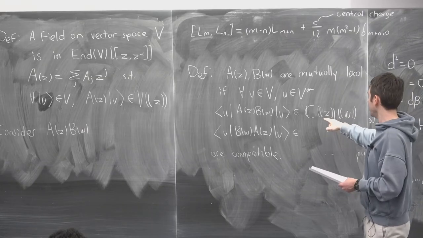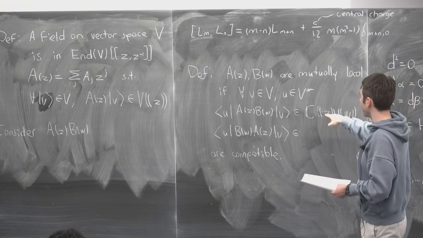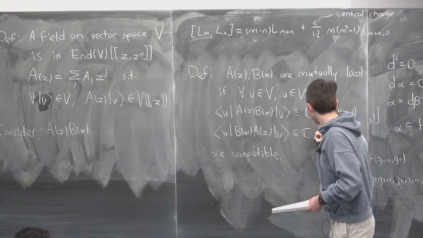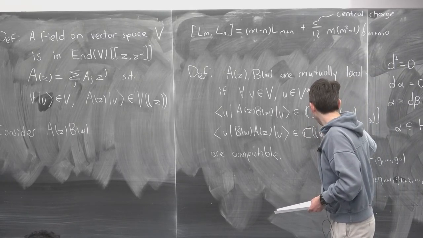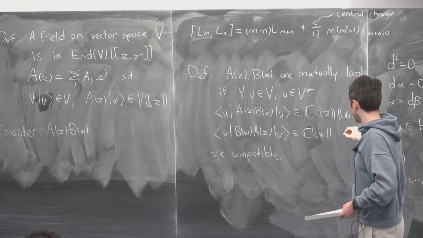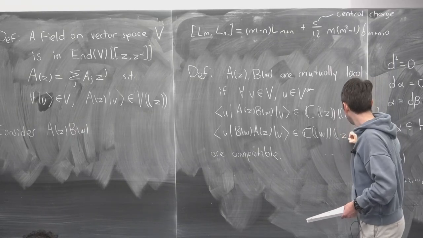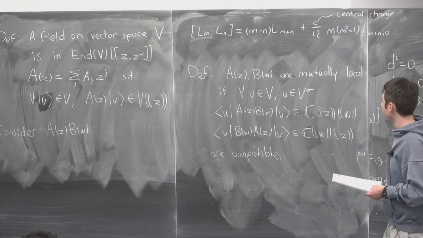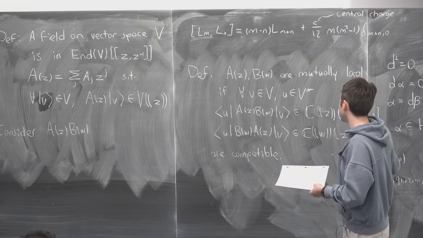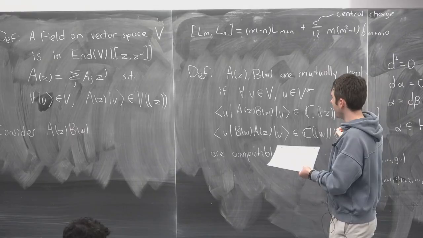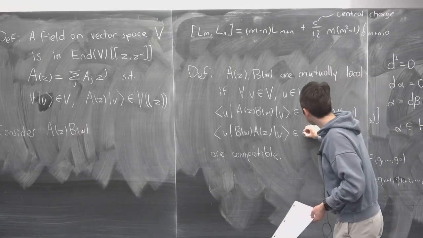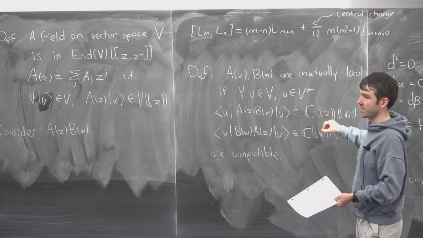But in this whole expression, you might have arbitrarily negative powers of Z. And for this pairing, it's the other way around. And compatibility means that there's a function which is not too singular, such that both of these are expansions of it.